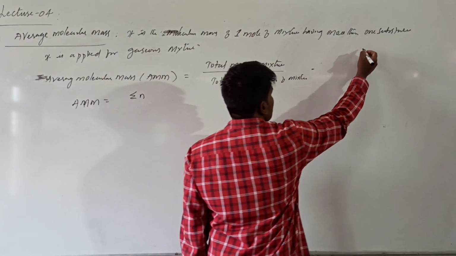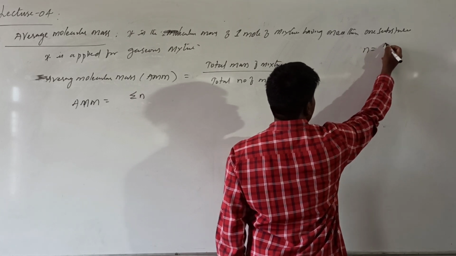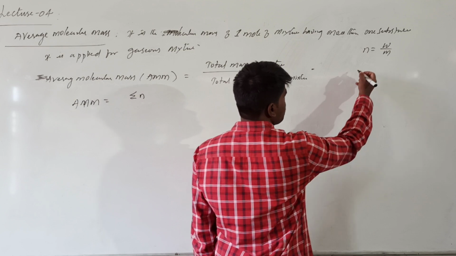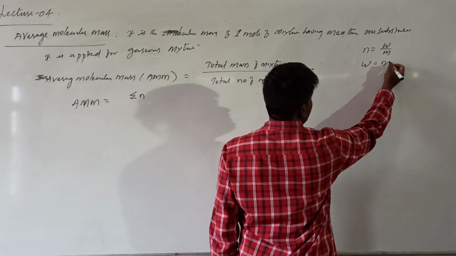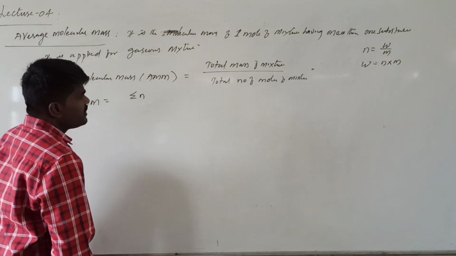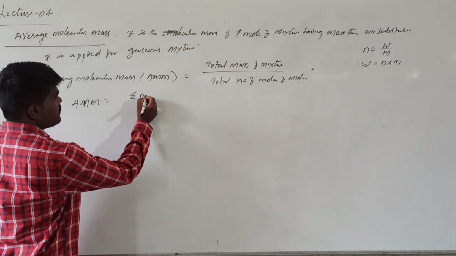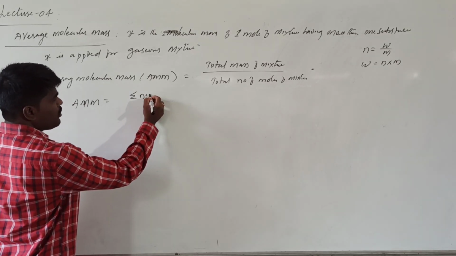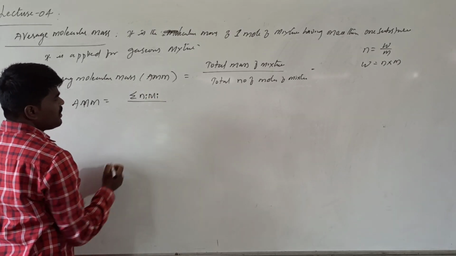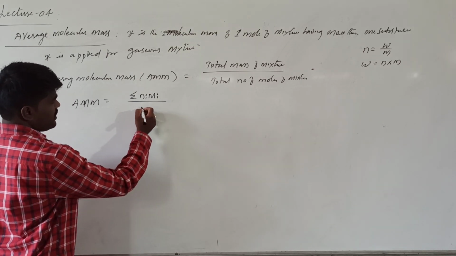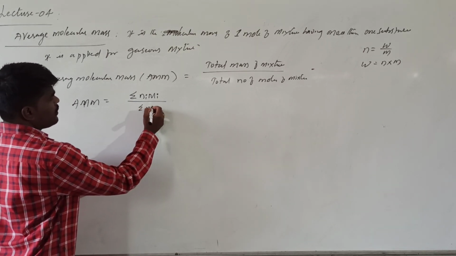We know that number of moles will be equal to mass upon molar mass. If you want the mass, it will be the product of number of moles into molar mass. That means it is a summation of the product of number of moles and molar mass of all the gases upon number of moles.